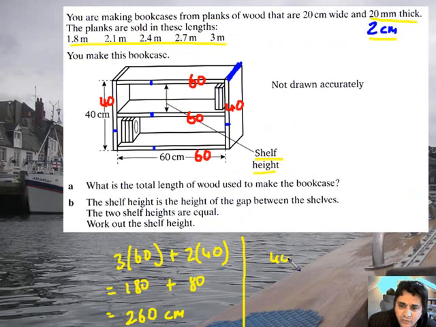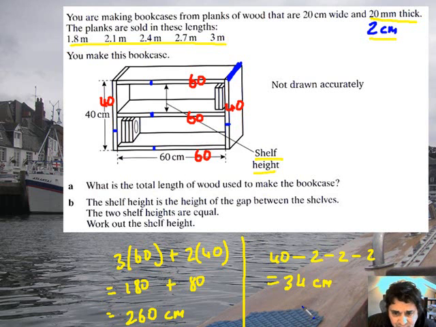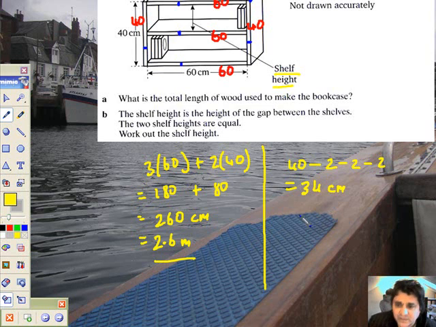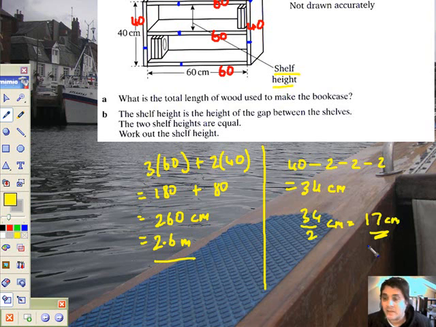So working in yellow, I've got 40, take away the bottom 2 there, take away the middle 2, because that's all wood, it's not shelf space, take away the 2 there, and that gives us 40 take away 6, leaves us with 34 centimeters worth of space. Now, I've got 2 shelves, and work out the height of each of the shelves. Therefore, I take 34 centimeters divided by 2, that's going to give me a 7 centimeter shelf. Alright, that's all there is to that one.